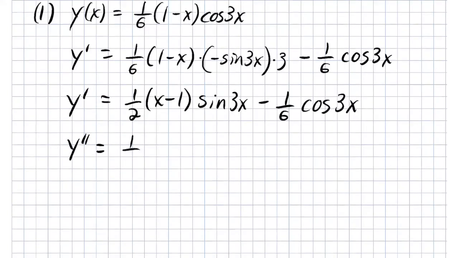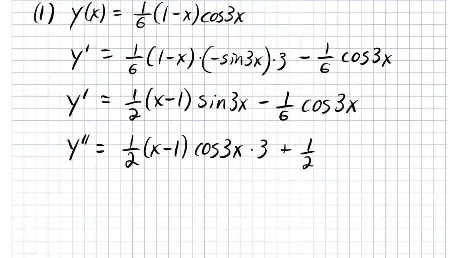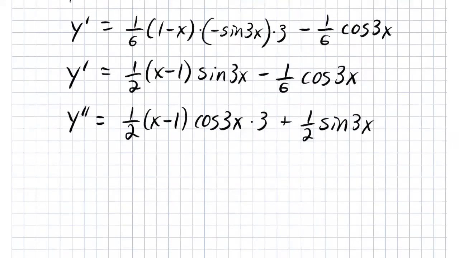This will be 1/2 x minus 1 times the derivative of sine 3x, which is cosine 3x times 3, and then plus 1/2 times sine 3x. And then finally, it will be plus 1/6 sine 3x times 3. That times 3 will make this a 2.